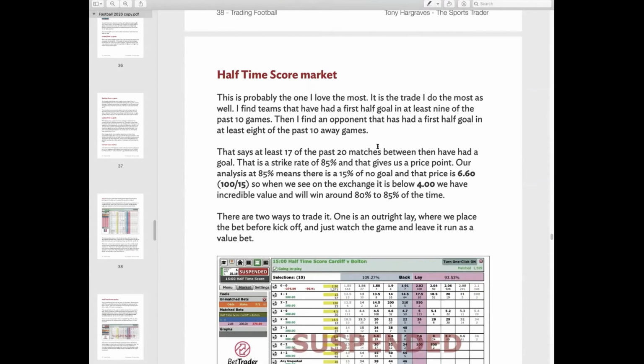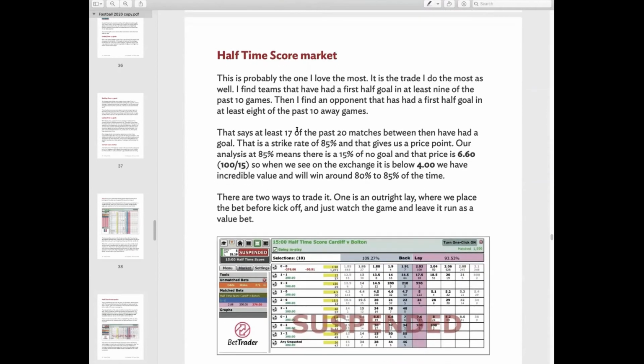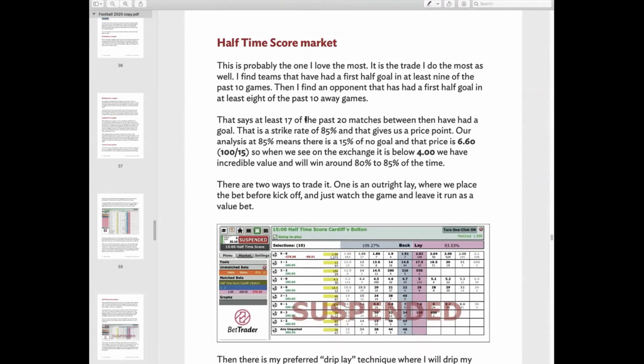So the half-time score market is another one we like looking at, because if you think there's going to be a goal in the first half, it's often a lot cheaper than laying in the normal goal markets. A lot of teams have had a first half goal.